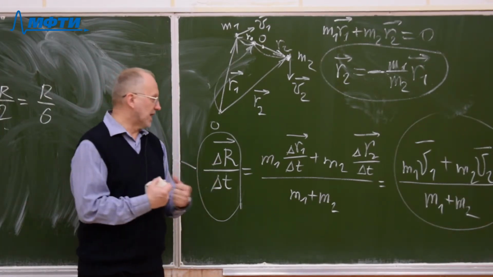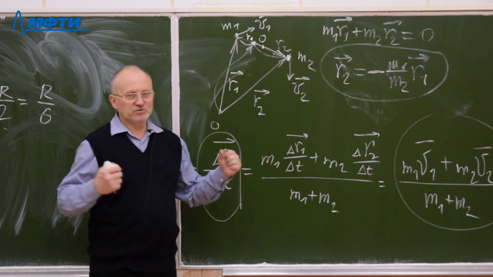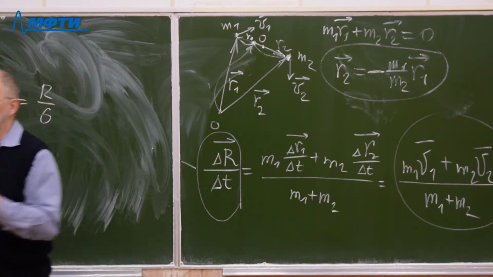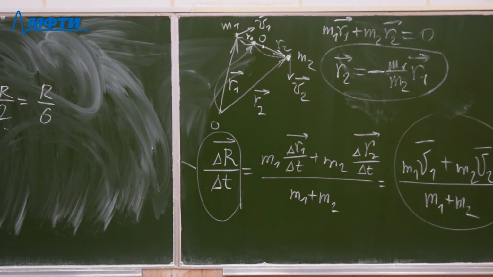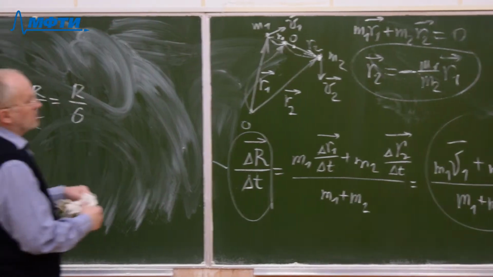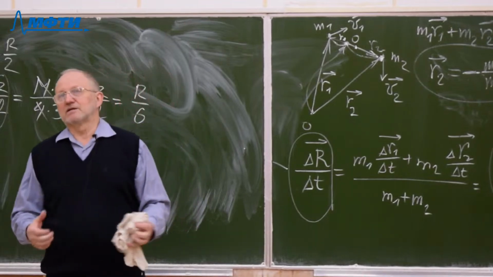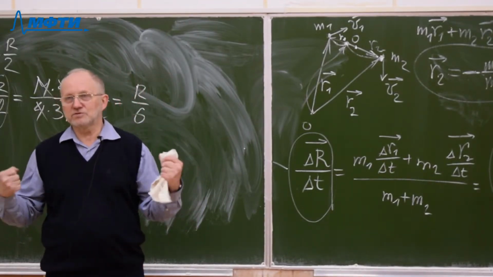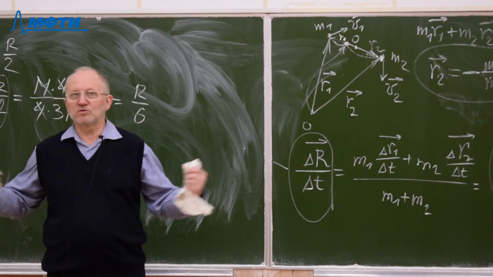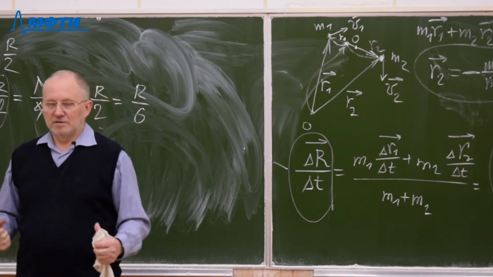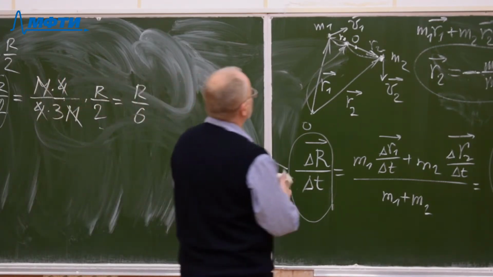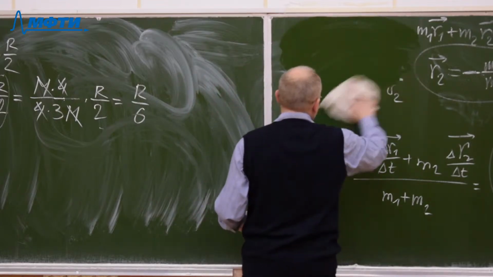This is an absolutely inelastic collision, when two particles stick together when colliding. In contrast to elastic collisions, when particles don't stick together but, just like billiard balls, go from each other after the collision.